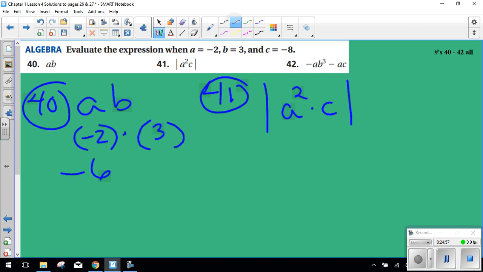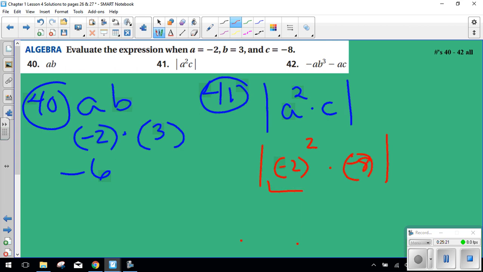So the absolute value of A squared times C, an absolute value. Okay. The value of A is -2, and the value of C is -8.